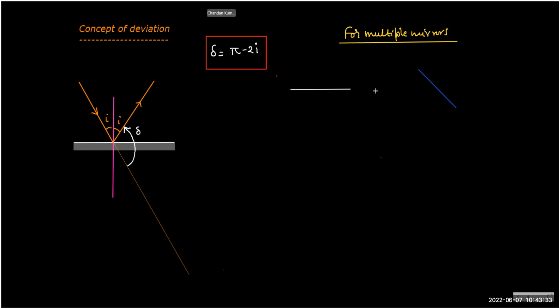So let's say the light ray is coming here, hitting the mirror. If you hit at an alpha angle, you go to alpha angle, correct?